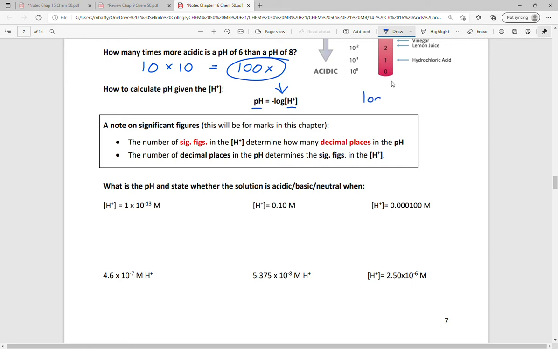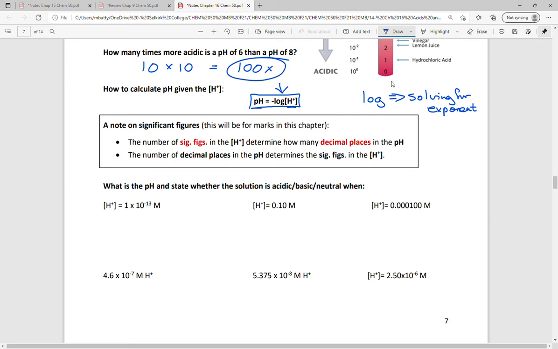So a log means solving for exponent. And that isn't a massive oversimplification if you've done Chem 12 before, but for our purposes, it hopefully will work. When we take a look at this equation, we have a calculator button to do that. And so find the log button on your calculator.